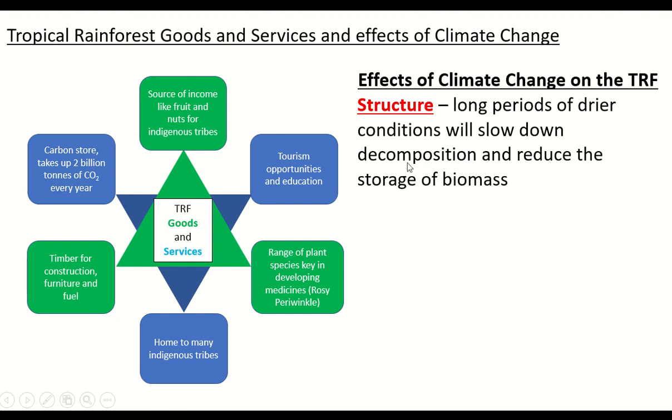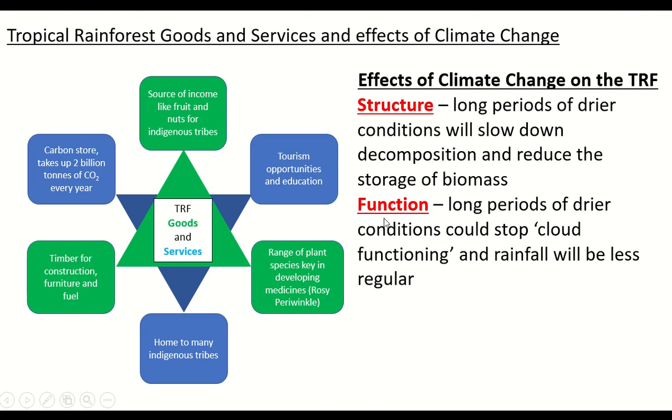If that happens, it reduces the amount of nutrients in the soil, which means that there's less for the living things that are currently there, and those plants will absolutely struggle to survive because there are fewer nutrients to go around. So it can really affect the structure of a rainforest in terms of the Gersmehl model.